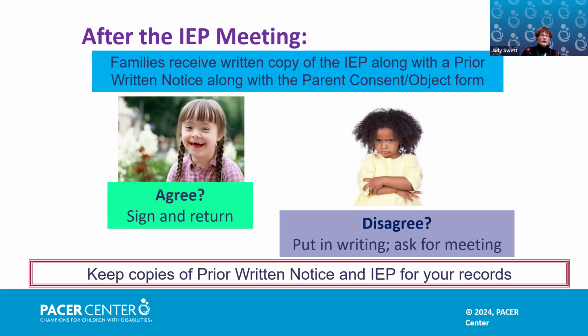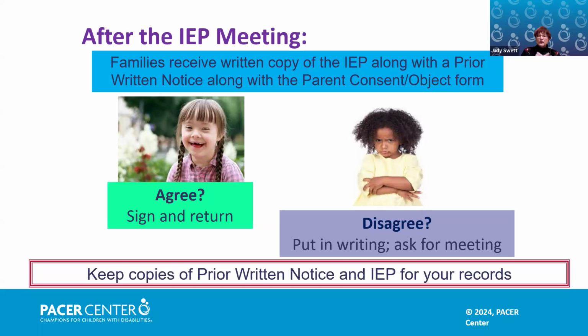I always encourage parents to read through the entire IEP, make sure that the goals and objectives are what they had discussed, and that the service minutes are something they're comfortable with. If they agree, you have to sign and return that parent consent or objection form.